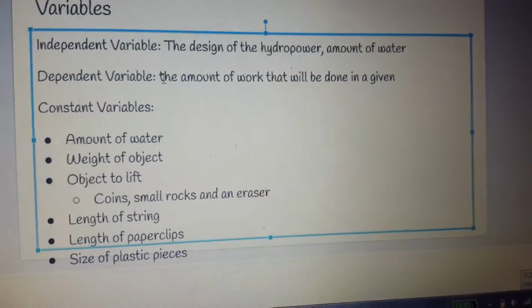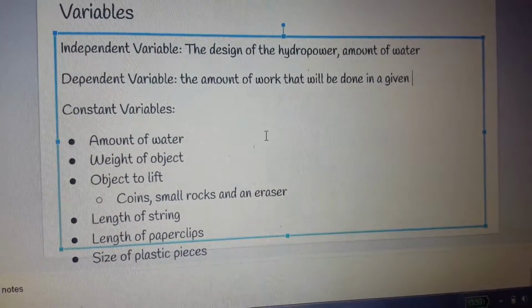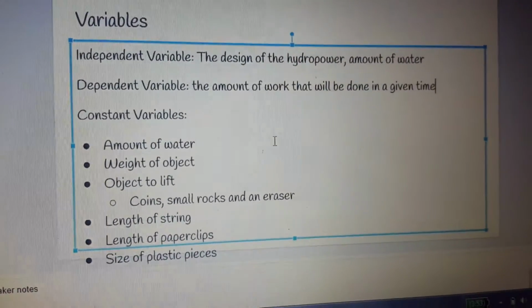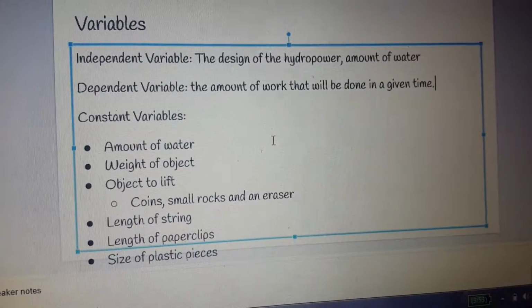We're talking about power, so we have to add what word in there to make this dependent variable talk about power? In a given time. The amount of work that will be done in a given time.